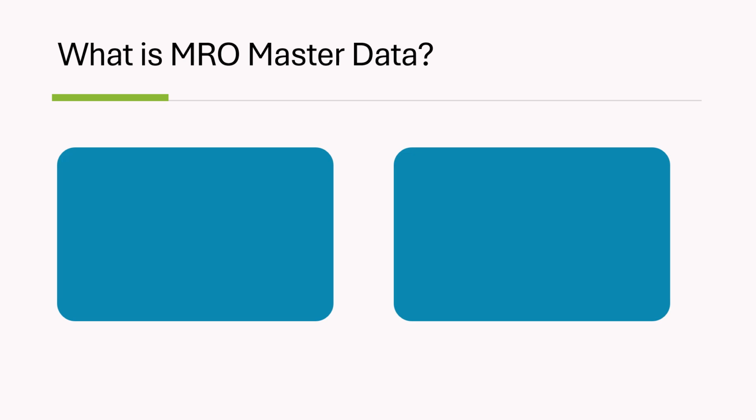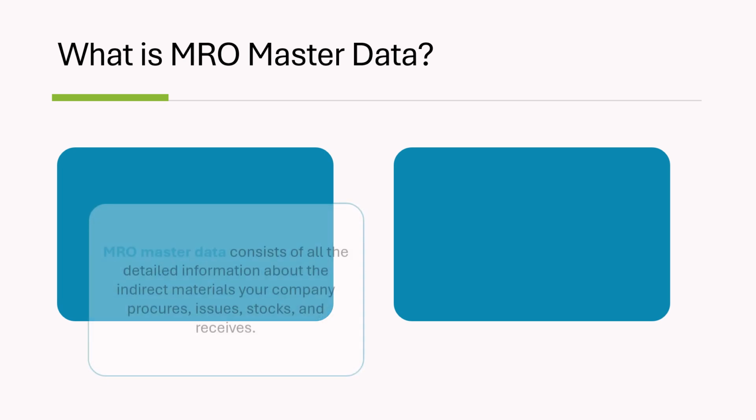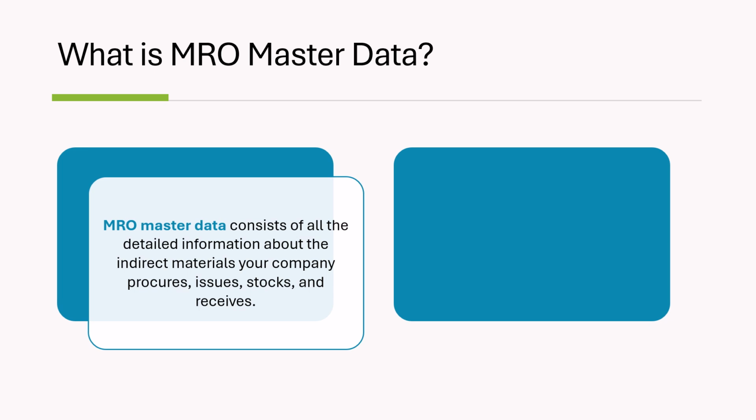To start, let's explore what MRO Master Data is and why it plays such a pivotal role in your organization. MRO Master Data can be thought of as the DNA of your supply chain, manufacturing, and maintenance processes. It consists of all the detailed information about the indirect materials your company procures, issues, stocks, and receives.